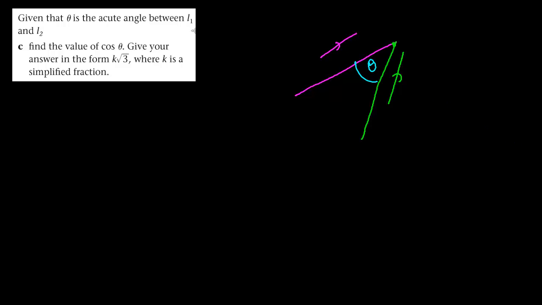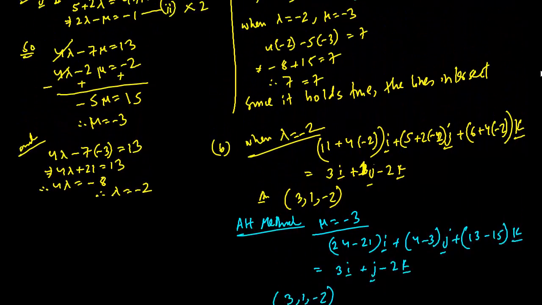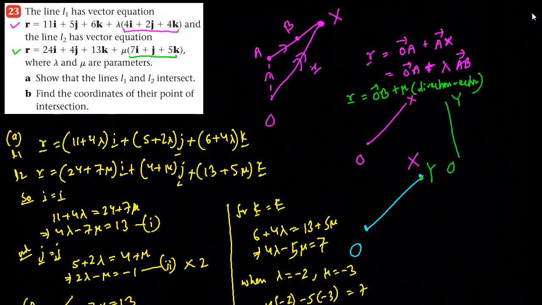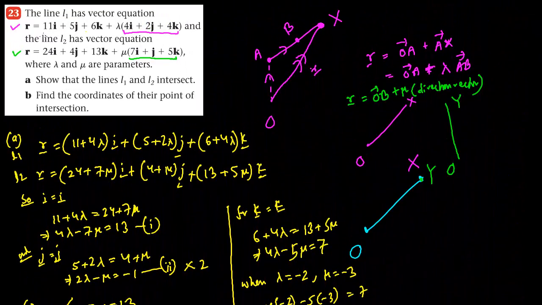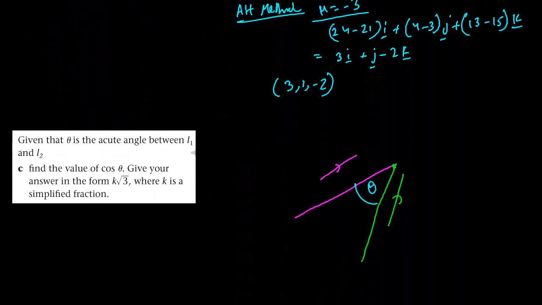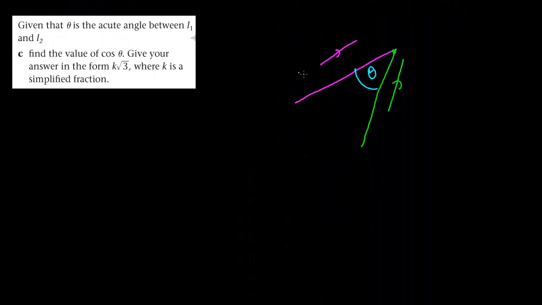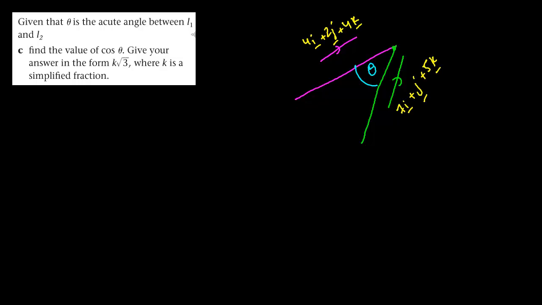So these are the direction vectors. So this is the direction vector for L1, 4i plus 2j plus 4k. So this is the rule for finding the angle between two vectors.